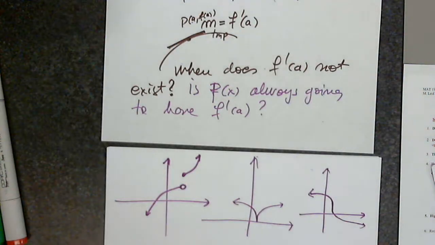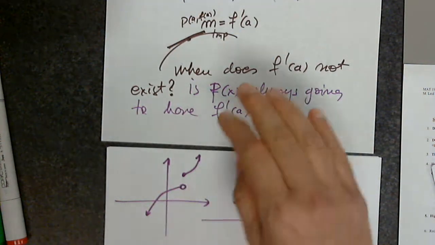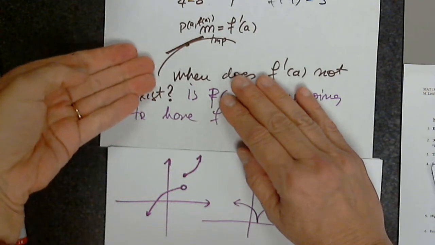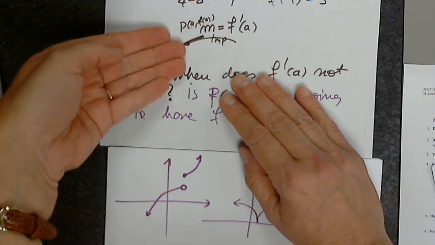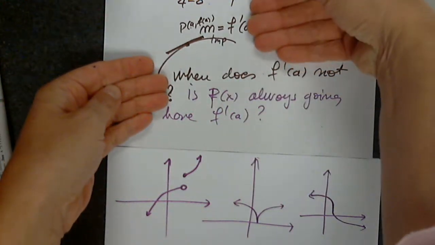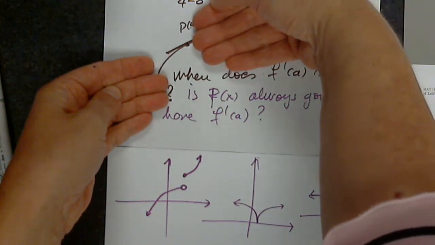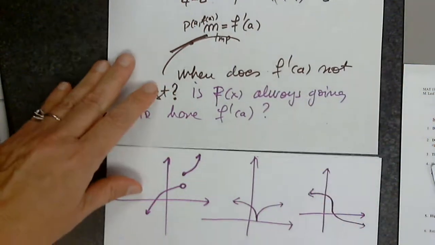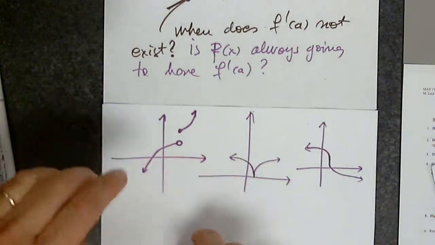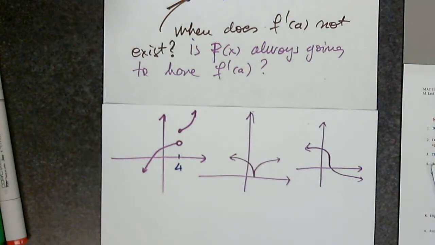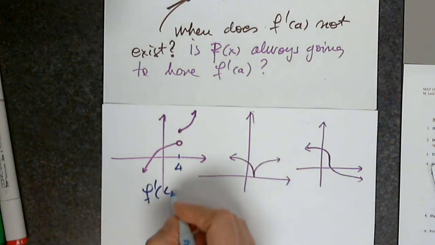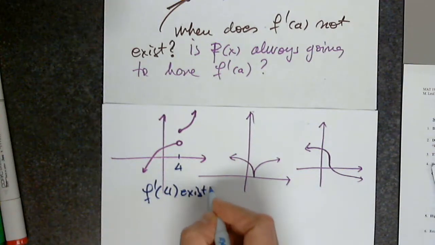So if you say f prime of a is 2, the limit of the difference quotient from the left has to be 2, and the limit of the difference quotient from the right has to be 2. In this situation, at this point, let's say 4, does f prime of 4 exist?